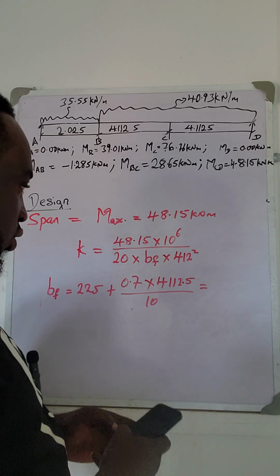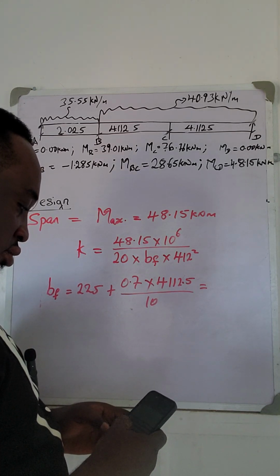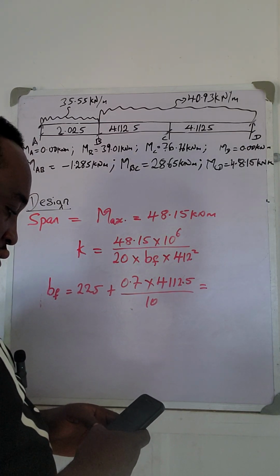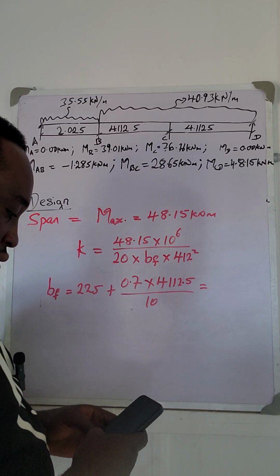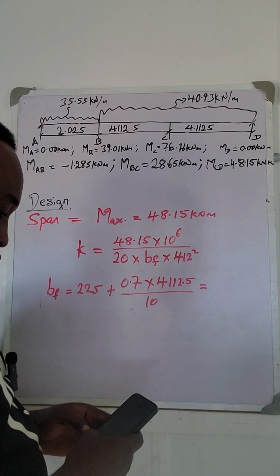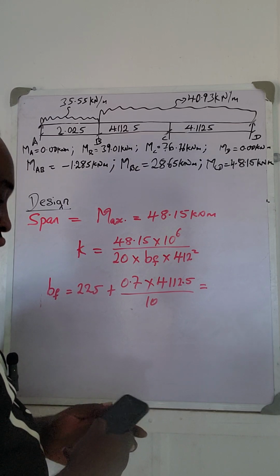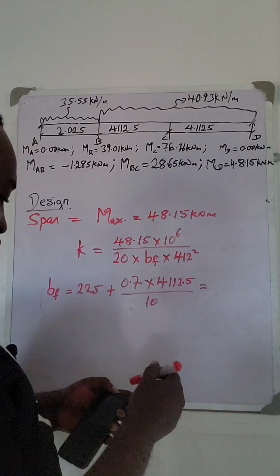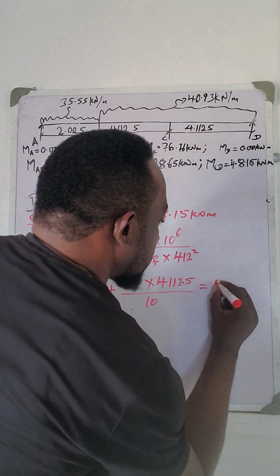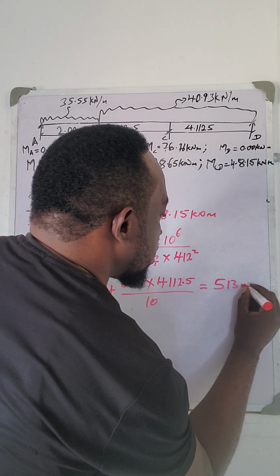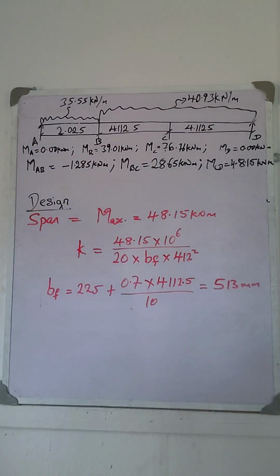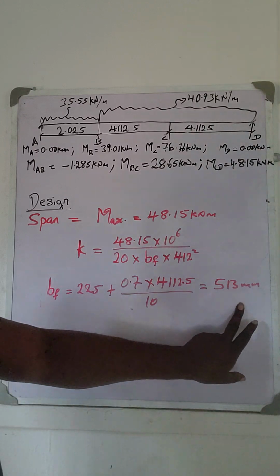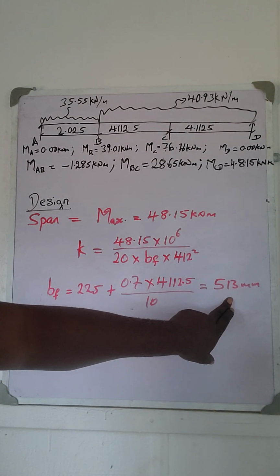When I solve, 0.7 times 4112.5 over 10 plus 225, that's 512, let's say 513 millimeters. That is our flange width of beam. So this is what we're going to be making use of right now.